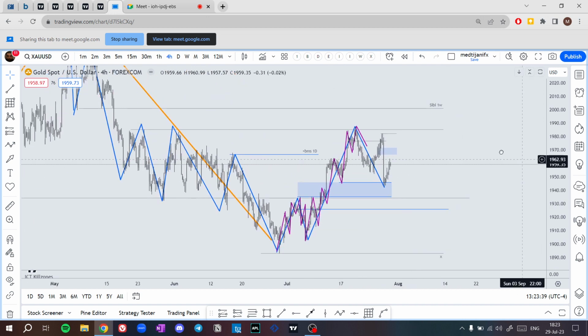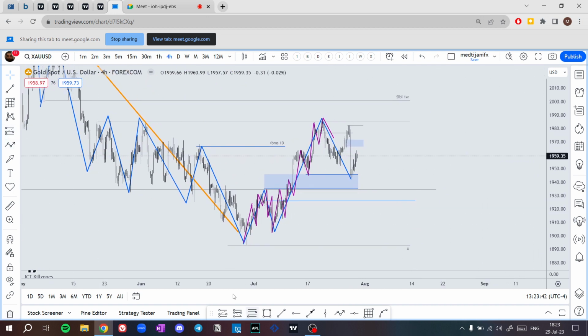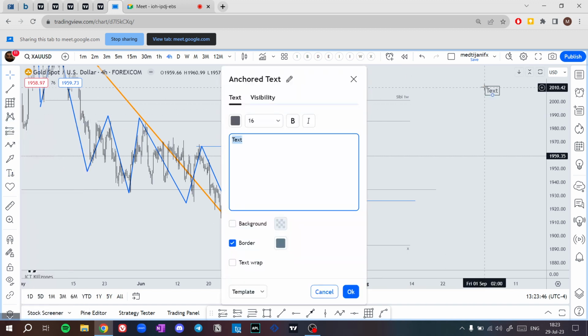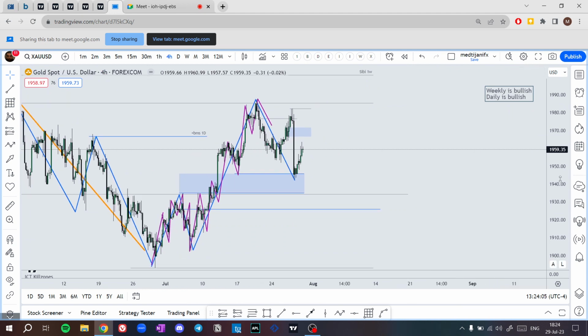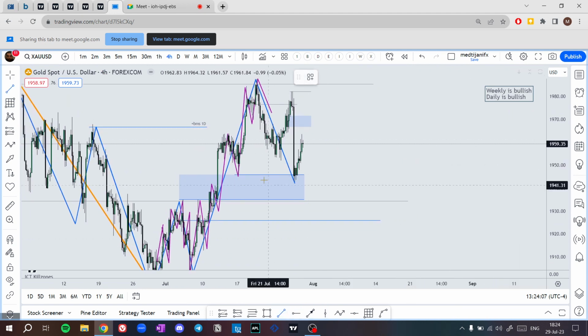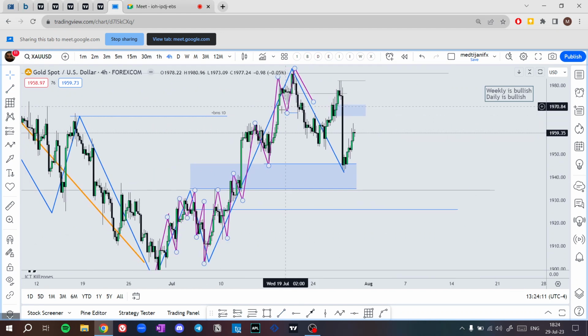So what we could say here, let me add something: the weekly is bullish, the daily is bullish because we had this break of market structure here, but the 4-hour at this point is bearish once it took this low here. Do you see it? This low is taken right here.